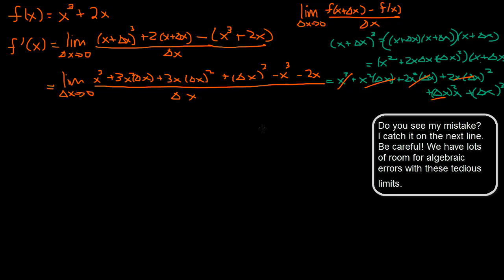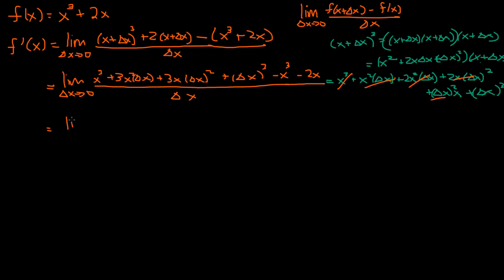Okay, now what happens here? Equals the limit as delta x approaches 0. Okay, let's see here. I have x cubed, and then I have a 2x over here.